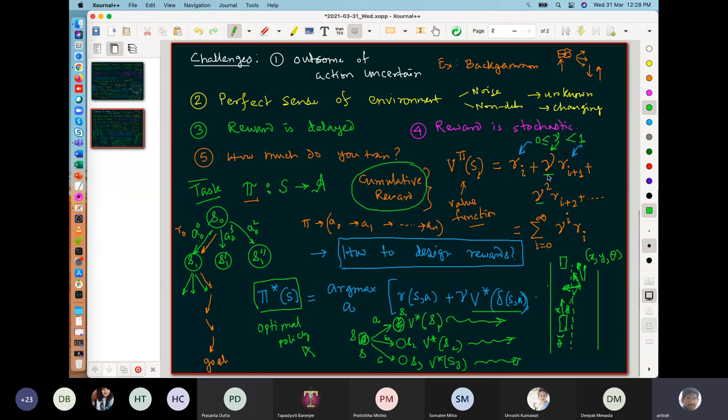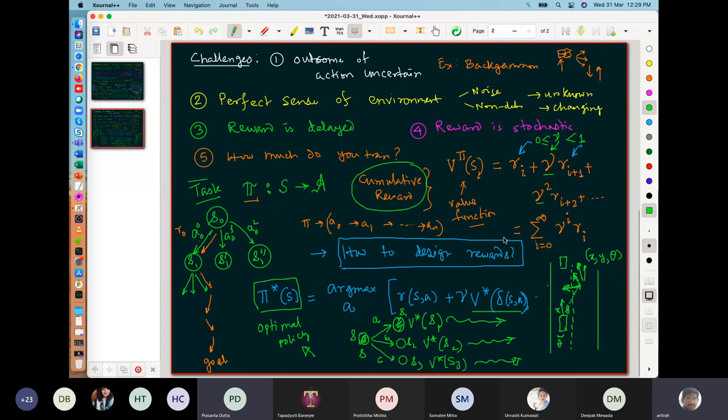Suppose it is 0, then what will happen? It means you are only getting a reward for the present state. You are not considering any of the future in your decision. If it is 1, what happens? It is kind of an average, right? Till the end, because you are adding all the rewards, it is getting averaged kind of.